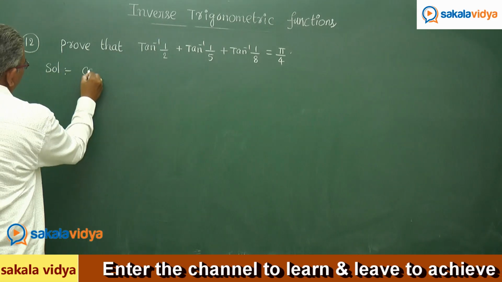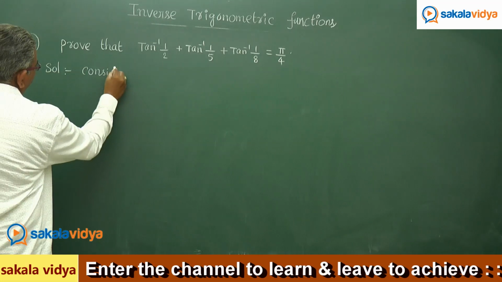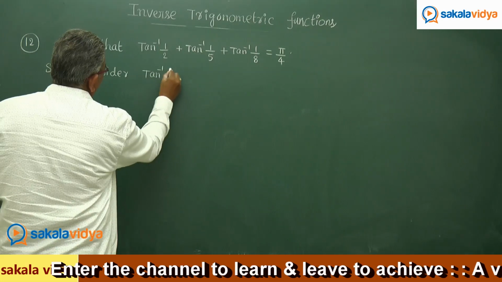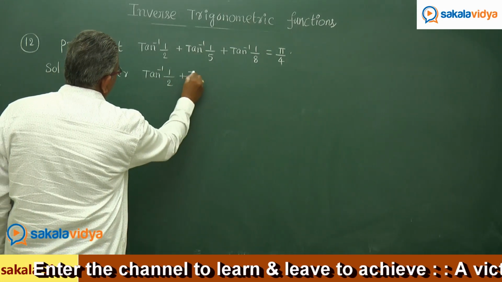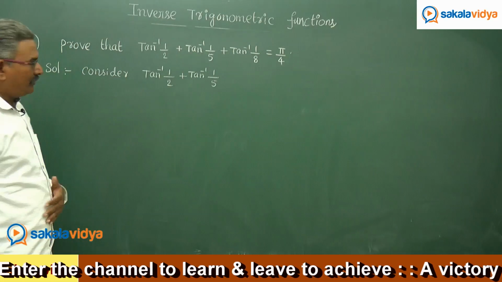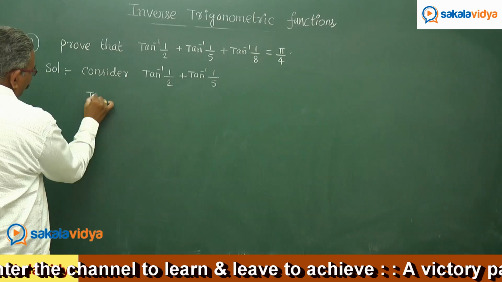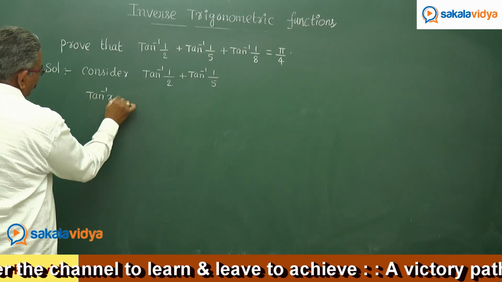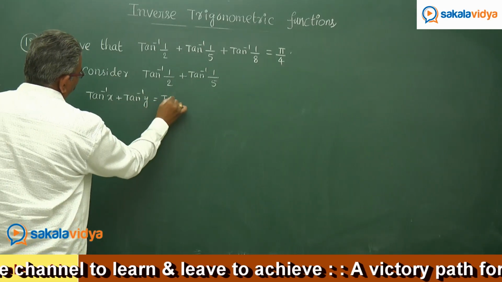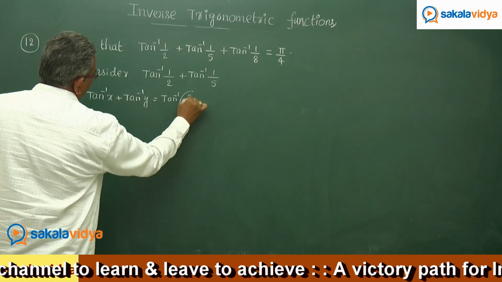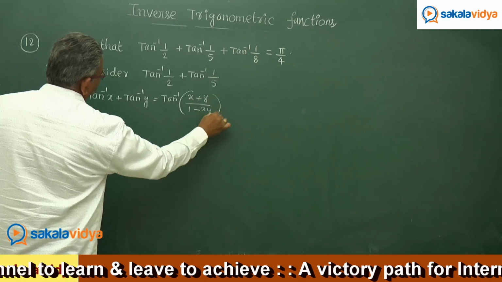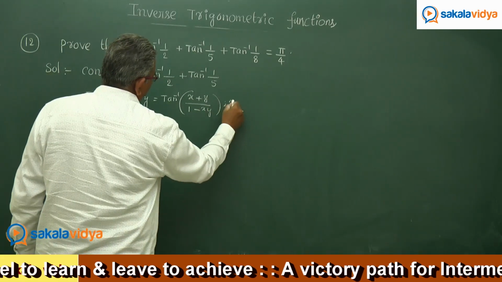So consider first tan inverse 1 by 2 plus tan inverse 1 by 5. What is the formula we have? Tan inverse x plus tan inverse y equals to tan inverse x plus y by 1 minus xy, providing xy less than 1.